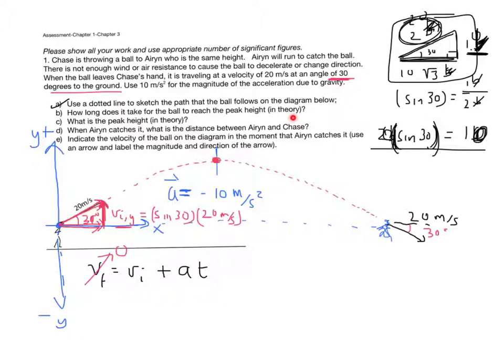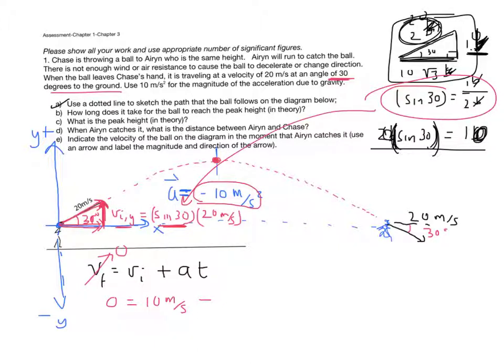So now we have 0 equals sine 30, so 1/2, times 20 is 10 meters per second, minus 10 meters per second squared times time. We don't know what the time is; that's what we're trying to find. Rearranging this equation, negative 10 meters per second equals negative 10 meters per second squared times time.